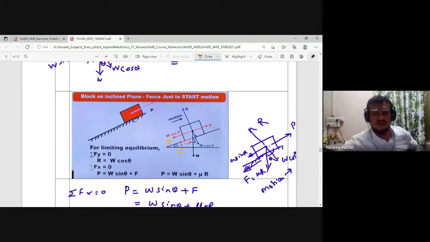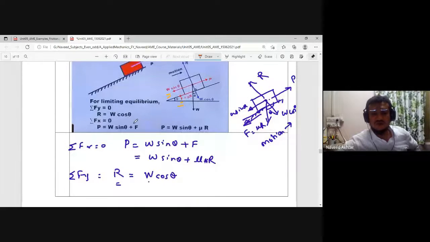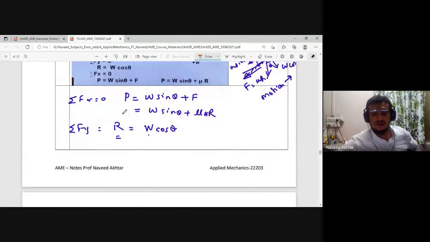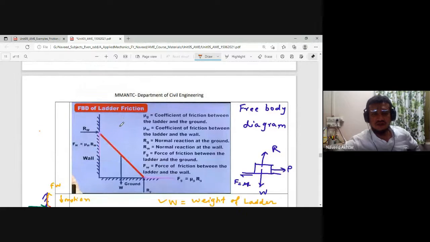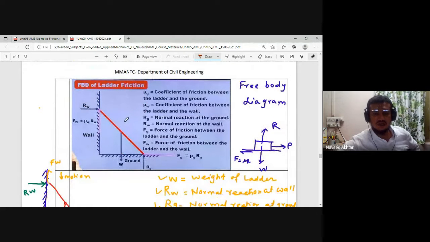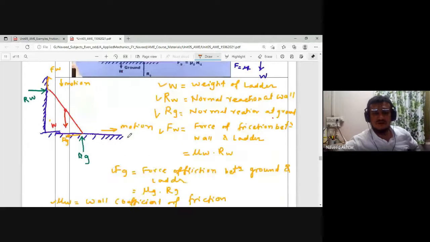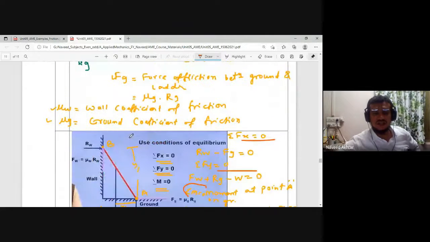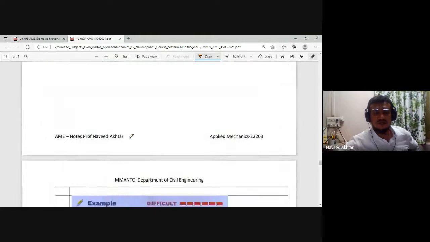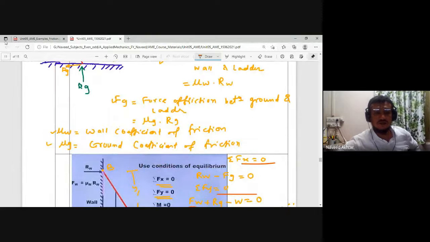That is called how we can find out the summation of the values of P and R that is given, and also we have seen the free body diagram of the ladder, and we have seen each term related with that.